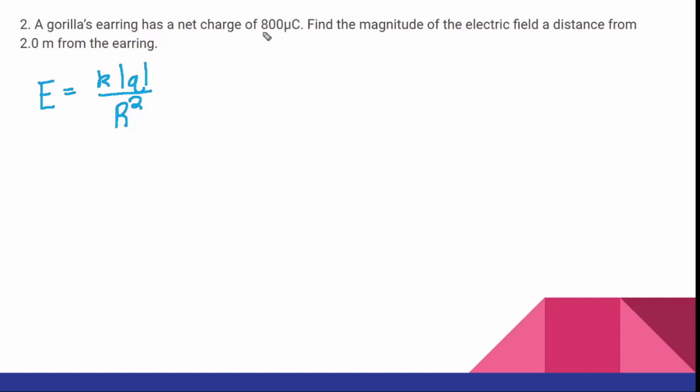We are given our charge here, so we will be using the absolute value of 800 microcoulombs, or 800 times 10 to the negative 6 coulombs.